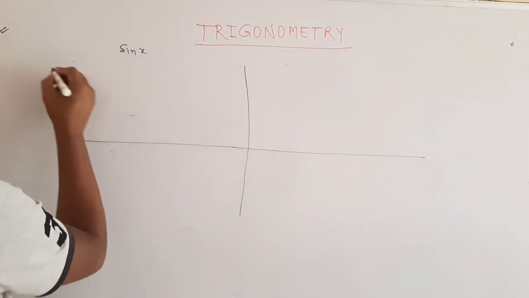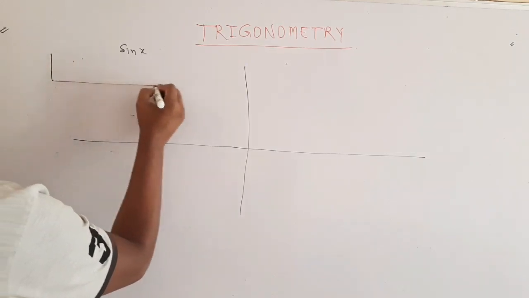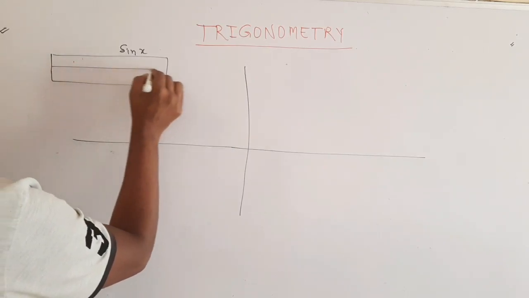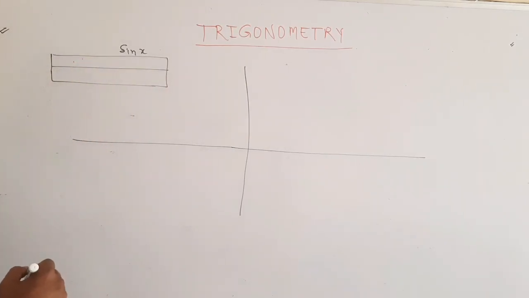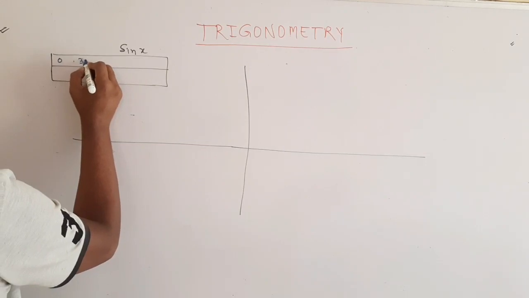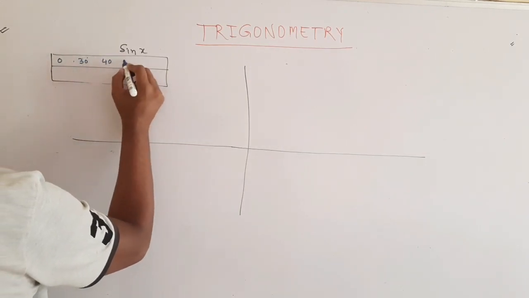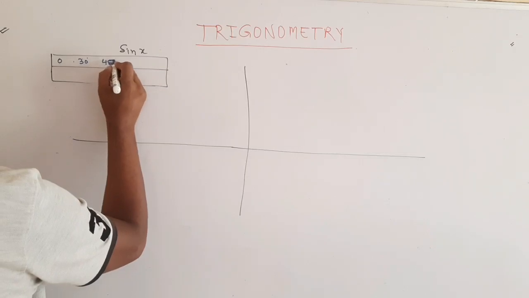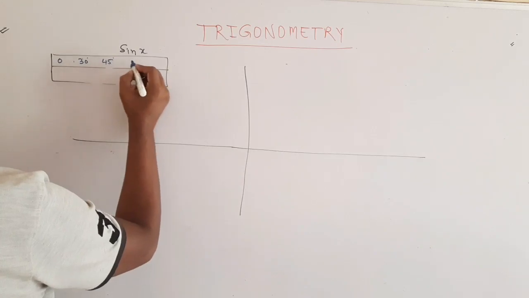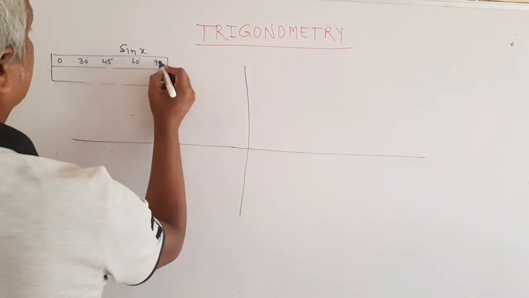If I just plot some set of values, we have seen when we wrote the angle values, the sine function of 0 degrees, 30, 45, 60 degrees and 90 degrees.